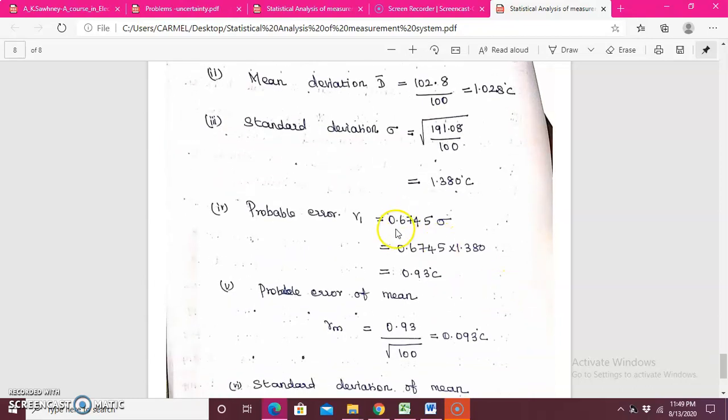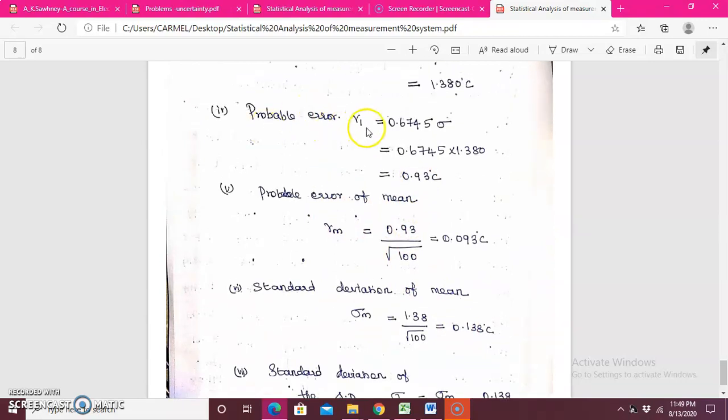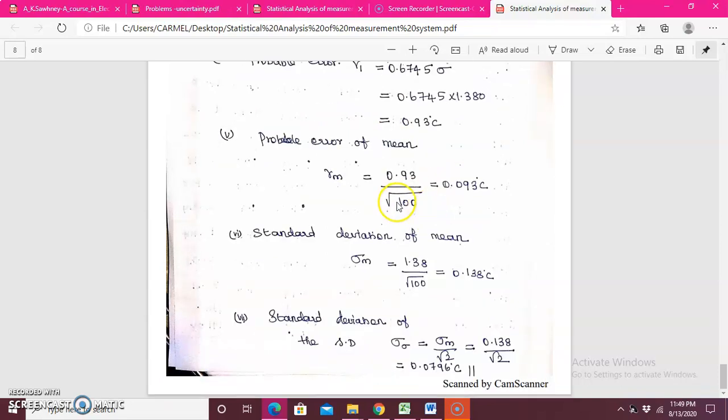Probable error is 0.6745 into sigma value. So 0.6745 into 1.380 will give you 0.93. Then probable error of mean, which is nothing but the probable error you got, divided by root n. So you'll have 0.093.